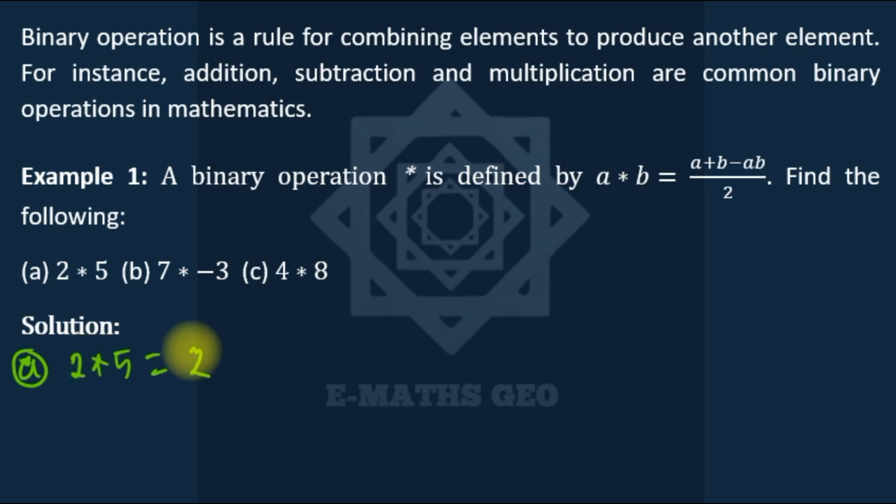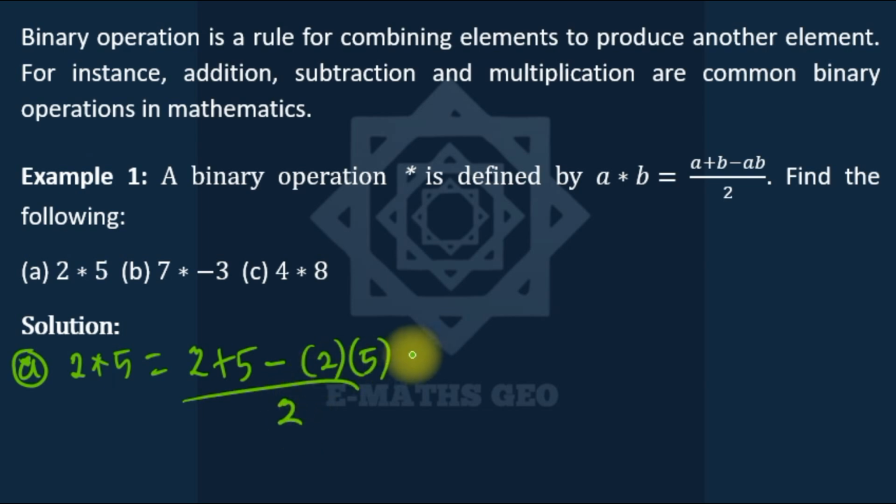So you will have 2 plus 5 minus 2 times 5 over 2. So our answer is 7 minus 10 is minus 3. So we'll have minus 3 over 2. So that's the answer for A.